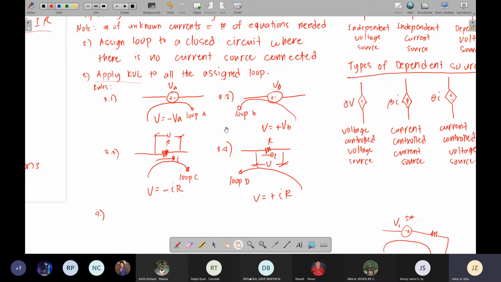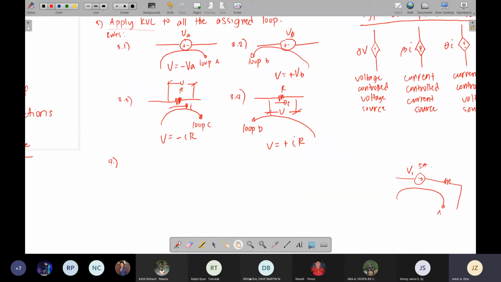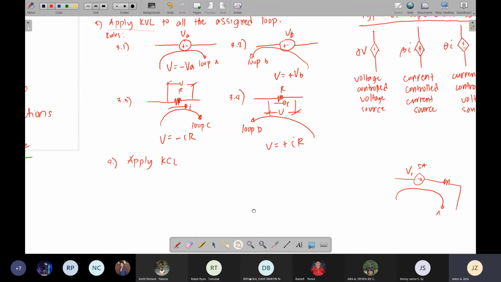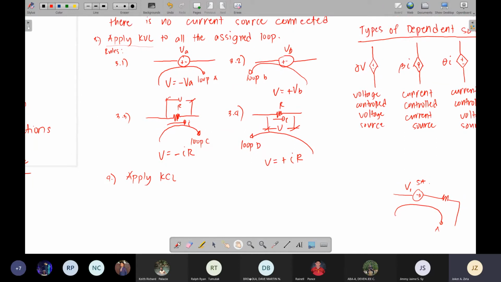Now, for that one, of course, you're going to need step number 4. Okay? So, dihanan mo kami ng step number 4 kung dili day kayo ng KVL. Okay? Step number 4, apply KCL to the closed circuit.